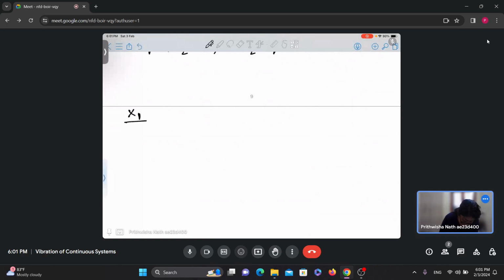We get x1 by x2. From the first equation we get m by L into g. Now the denominator becomes 2m by L minus m omega square.